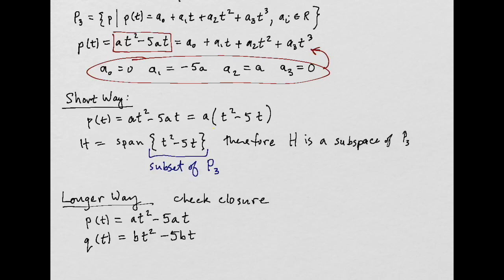But for the parameter, I could use any letter I want. So one polynomial in H is p, another polynomial in H is q. This is not necessary for the solution, just commentary: p and q are both in H.